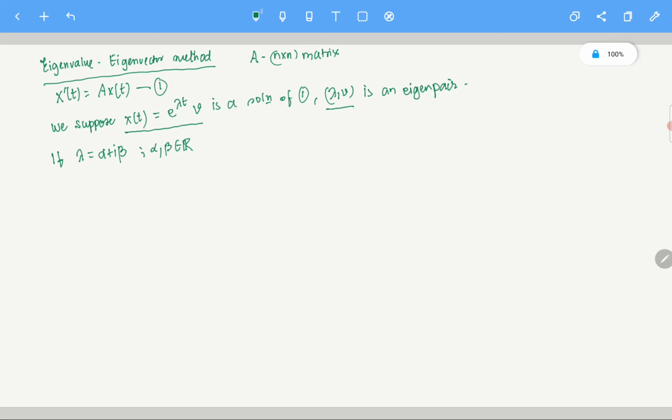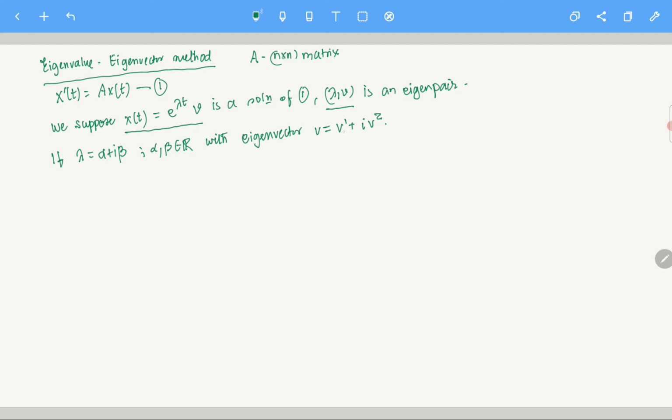Now the question is: how do you deal with this? Let's say this is an eigenvalue with eigenvector, so the corresponding eigenvector is given by v, which is v¹ plus i v². And why am I putting it as a superscript and not a subscript?